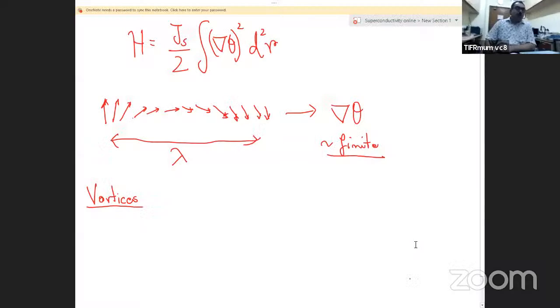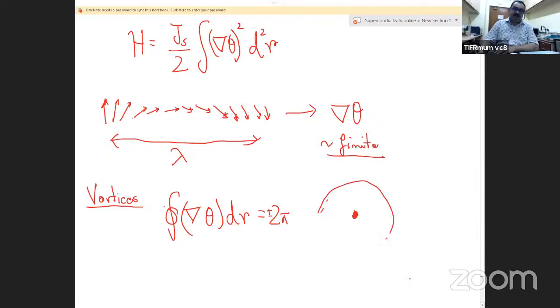Okay, so we have seen that for a vortex, if I take this contour and the line integral of grad theta dr, then I get 2 pi or minus 2 pi, so plus minus 2 pi. What would be the energy cost of a vortex? Suppose I have a vortex here and I take a contour which has the vortex at the center.